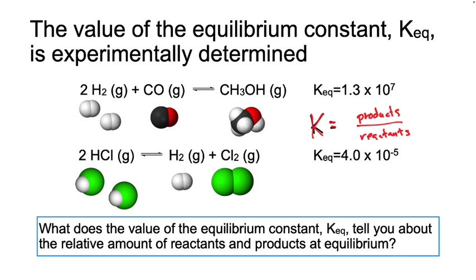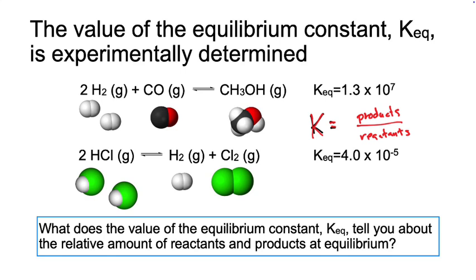So if we're looking at that first expression, if I have a big K value, what does that mean about the ratio of my products to reactants? I have to have a lot of products because a big number shows up in the numerator. So that first expression says I've got tons of products and very few reactants.